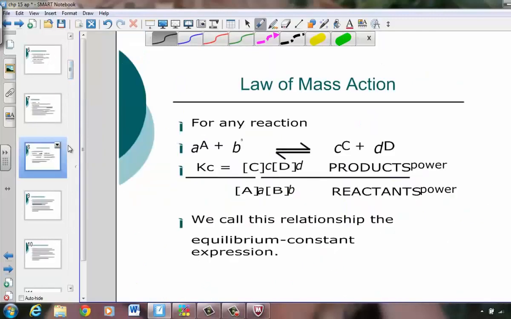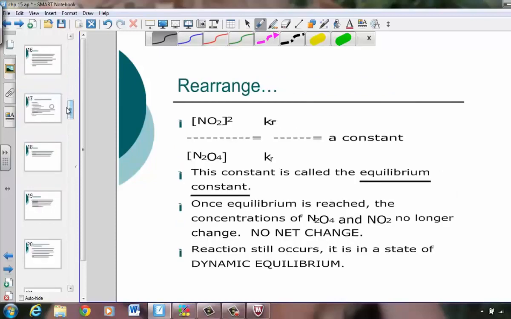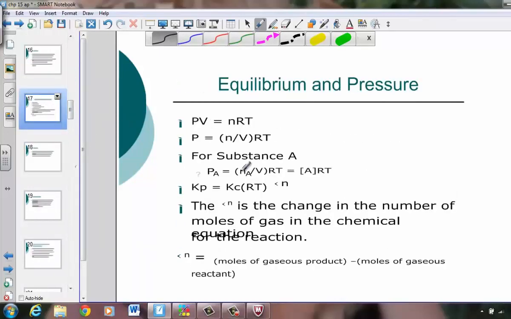I can't remember exactly where. I'm going to guess toward the bottom of your, oh, here it is. Perfect. Good work. Kp equals Kc times RT to the delta n, where R is the gas constant and delta n is the change in number of moles of gas, which is products minus reactants.